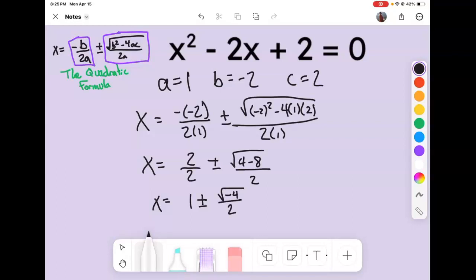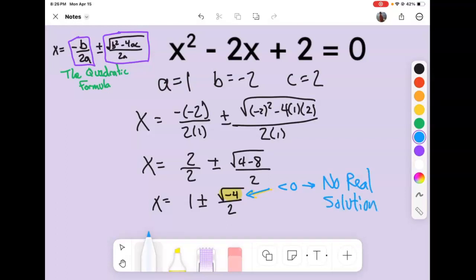Now, something you want to pay attention to is this piece right here. If that number underneath there is less than 0, that tells me that there is no real solution.